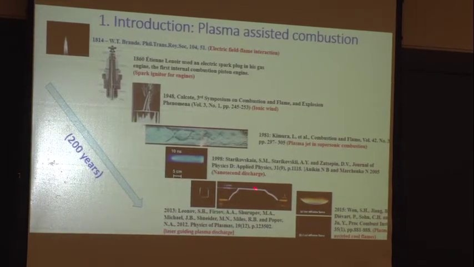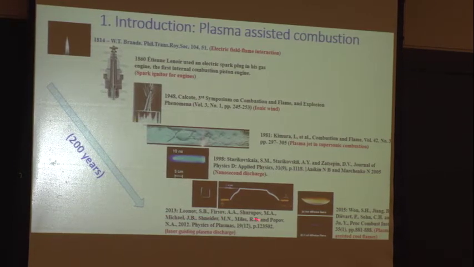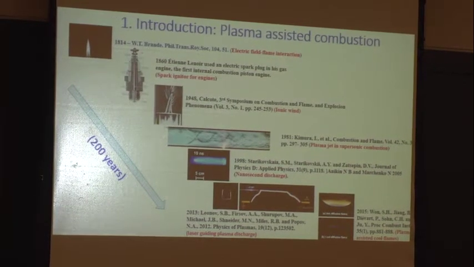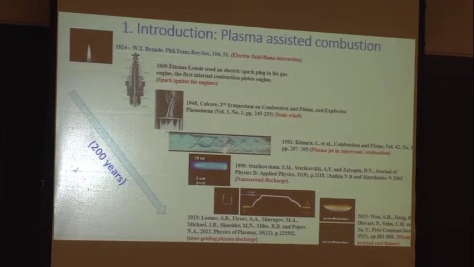Then a few years ago, Professor Myers at Princeton and collaborators asked, how do we control the discharge? If I want that discharge at a certain place, how do I control it?